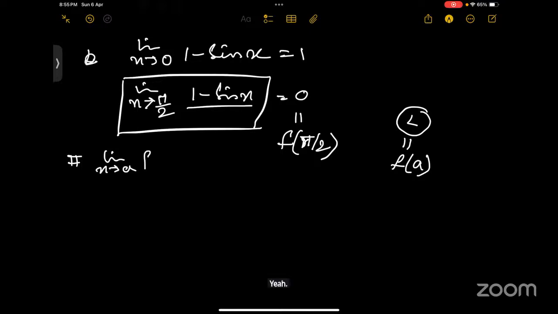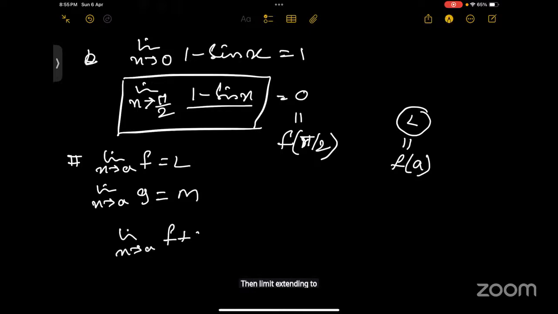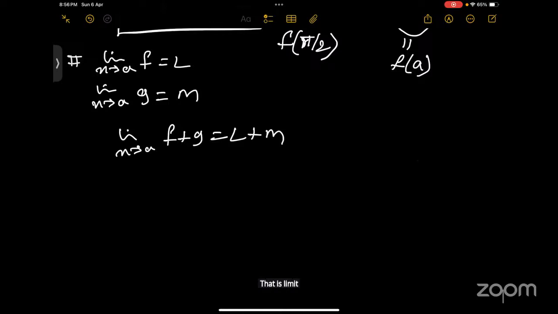So if limit as x tends to a of f is equal to L, and limit as x tends to a of g is equal to M, then limit as x tends to a of f plus g is L plus M. That means limit follows the distributive laws.